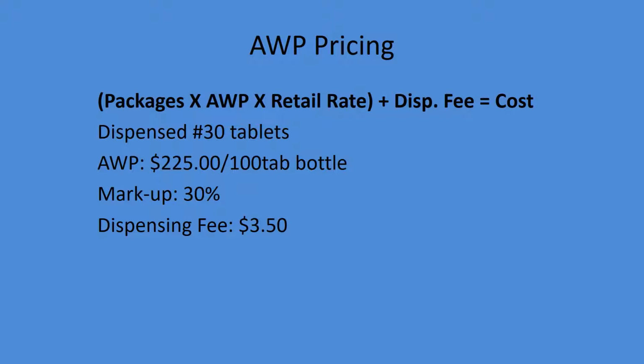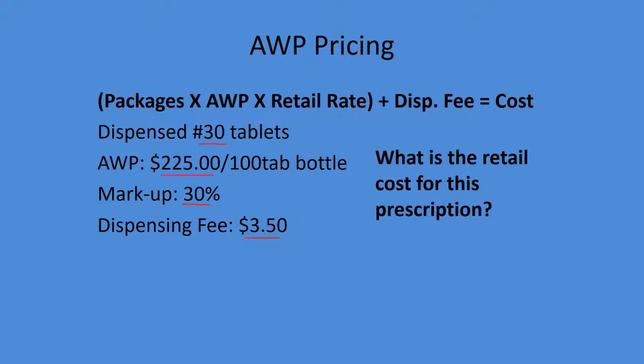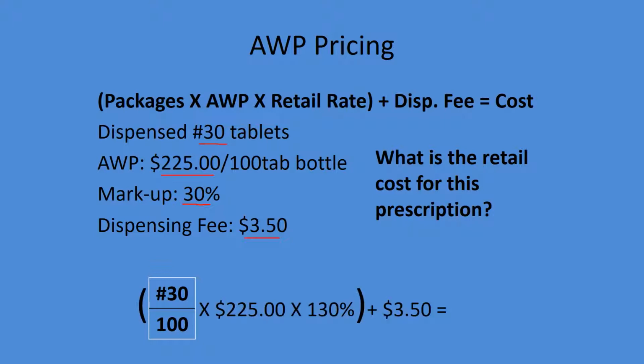All right, let's put it all together and see what the entire cost of this prescription would be. Remember, we're not giving them 100 tablets. We're only going to give them 30. So we're dispensing 30. Average wholesale price for 100 is $225. We have a markup of 30%, dispensing fee of $3.50. So packages: we're using 30 tablets out of 100, times the average wholesale price, times the retail rate.